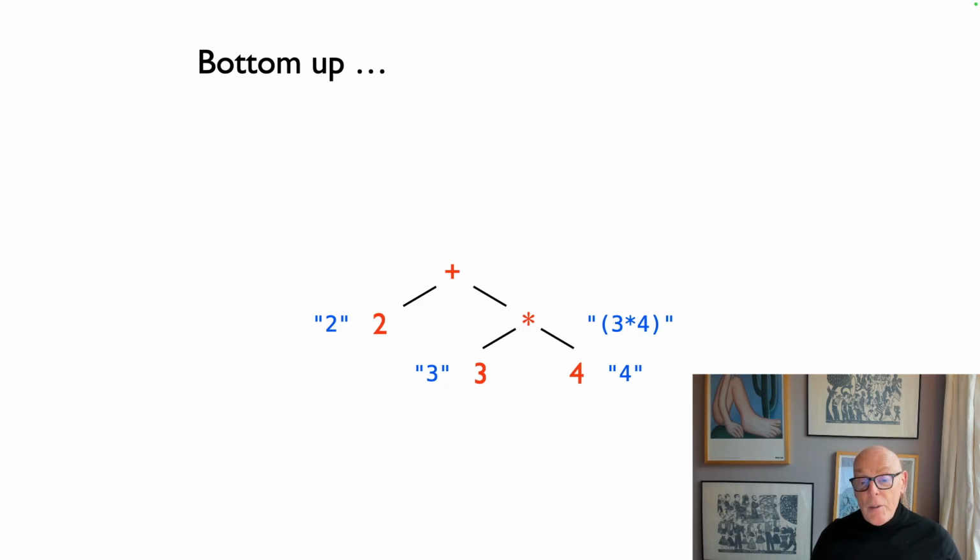So once we know 3 and 4, we can pretty print the next level up, because that's parenthesis 3 times 4 close parenthesis. And then finally we can print the top level because we know how to pretty print the 2 levels below. And so we get the result that way. So you can think of this recursion as working bottom up.